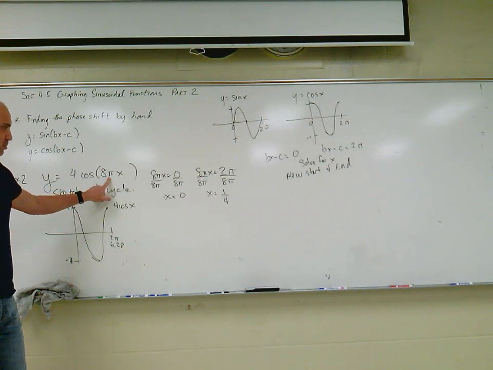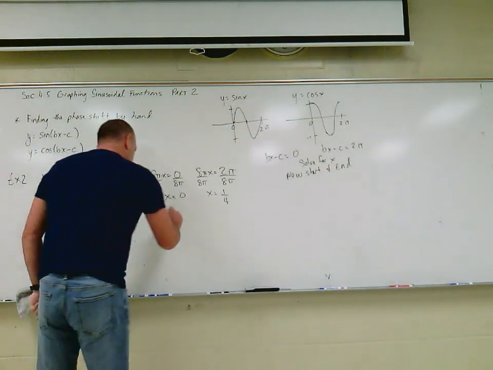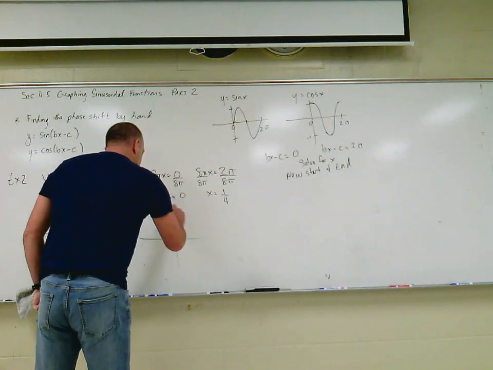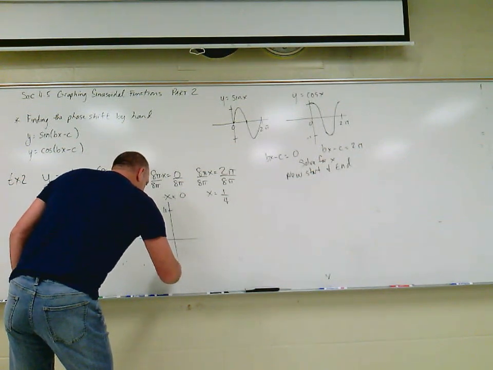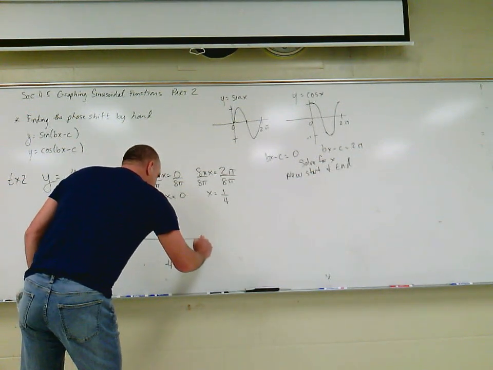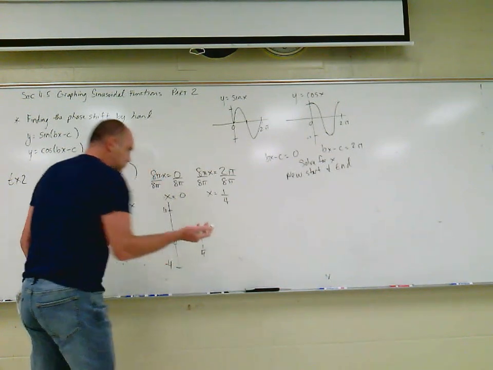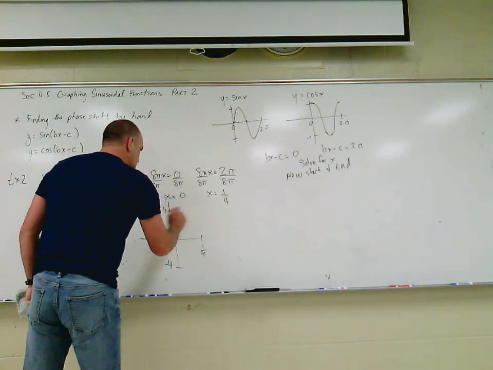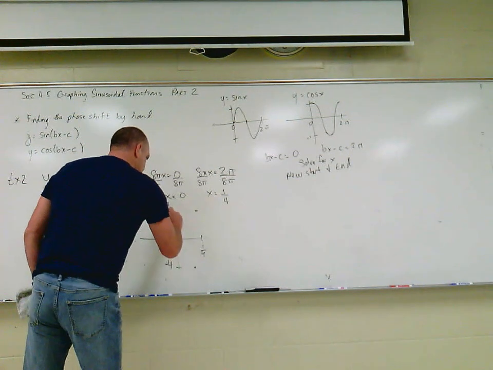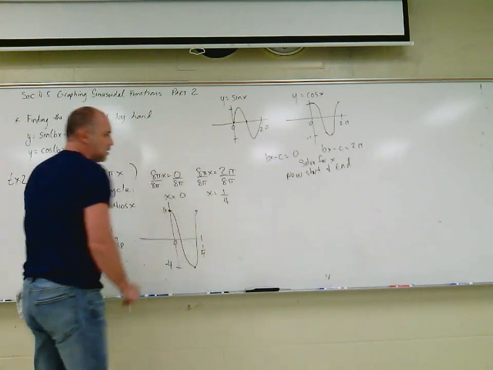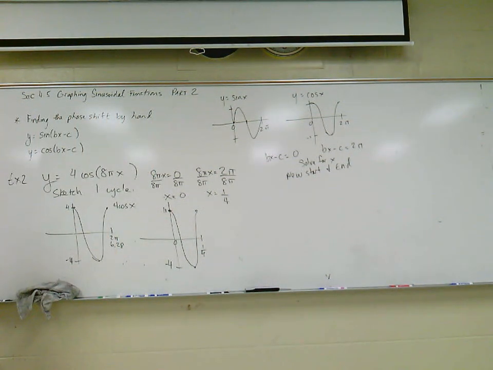It creates a horizontal shrink. So if I want to now graph it, I know 4 and -4 are the peak and valley, and I'll just put 1/4 there. I don't need to do anything else. And then draw my picture, and there you go. And there's my one cycle.